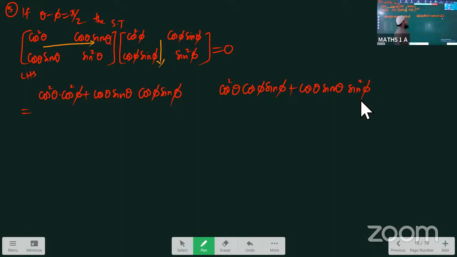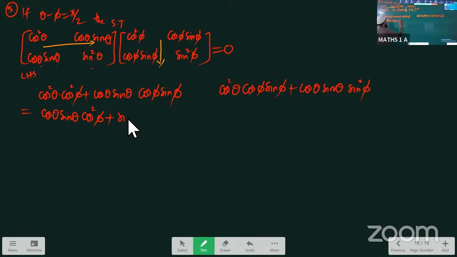In the same way, multiply the second row with the first column. Correspondingly, multiply this and this and add: cos theta sin theta into cos square phi, plus sin square theta into cos phi sin phi.